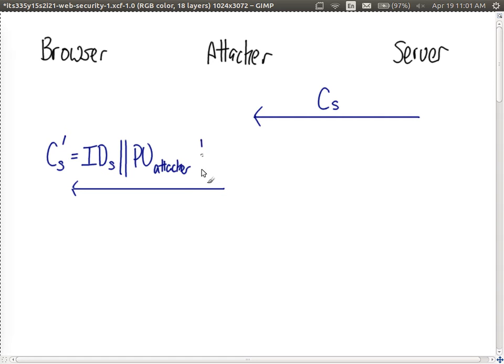We can use the same timestamp as in the original certificate because we know the value, we don't need to change it. And then what's next? This is what the attacker creates with the intention of sending the wrong public key to the browser.